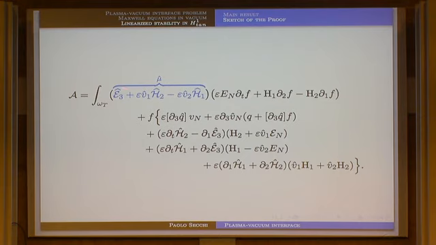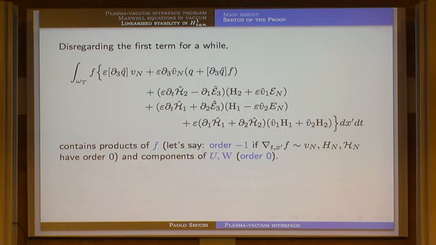Now, neglecting for a while the first term, I only considered all the others. This one here, and we give this interpretation. Here we have f, the front, multiplying Vn or Q, components of the vector solution.